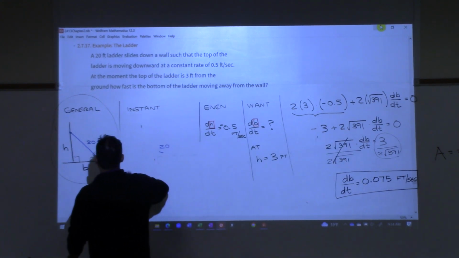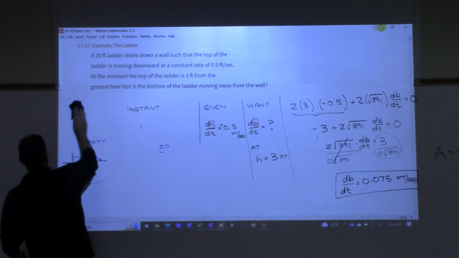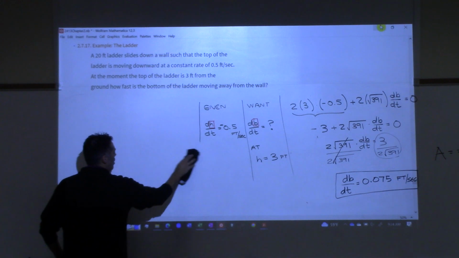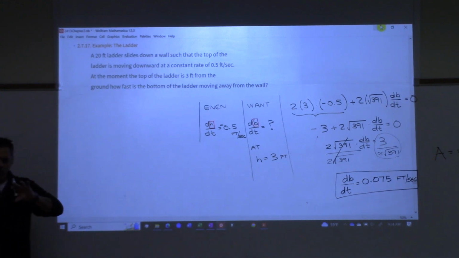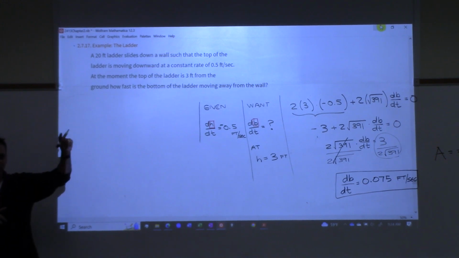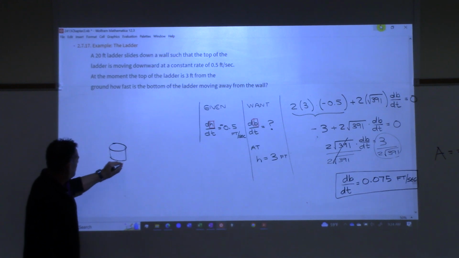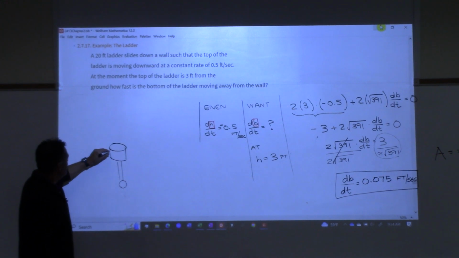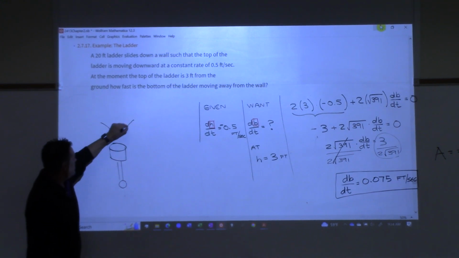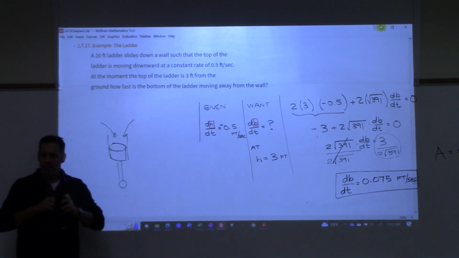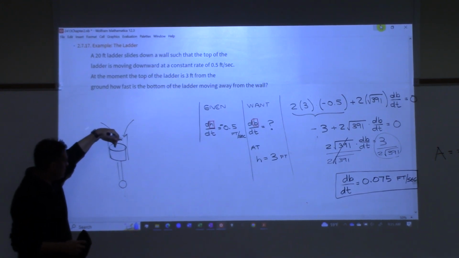When engineers are designing engines or cars in general, anytime you have moving parts, you always want to know if one part moves at a certain speed, how does that impact the speed of another part moving? So when you have a piston engine, you have a piston connected to what's called a connecting rod, and you mix oxygen and gas together inside of a cylinder. There's a spark, there's an explosion, it forces the piston down.